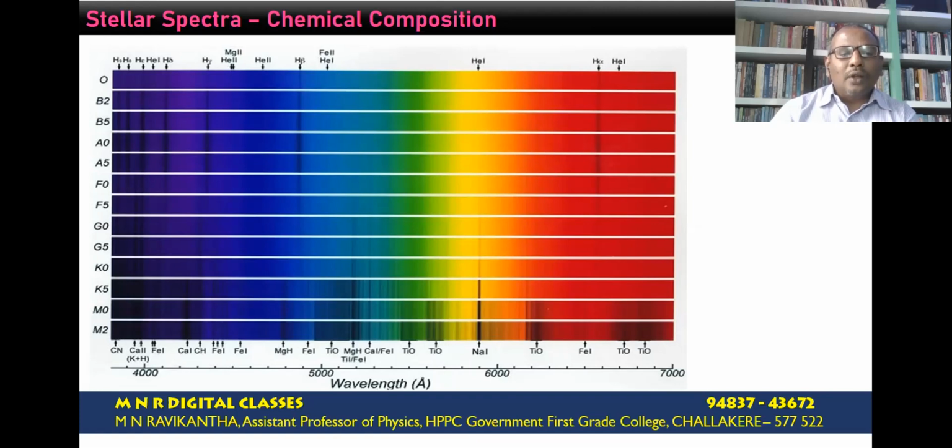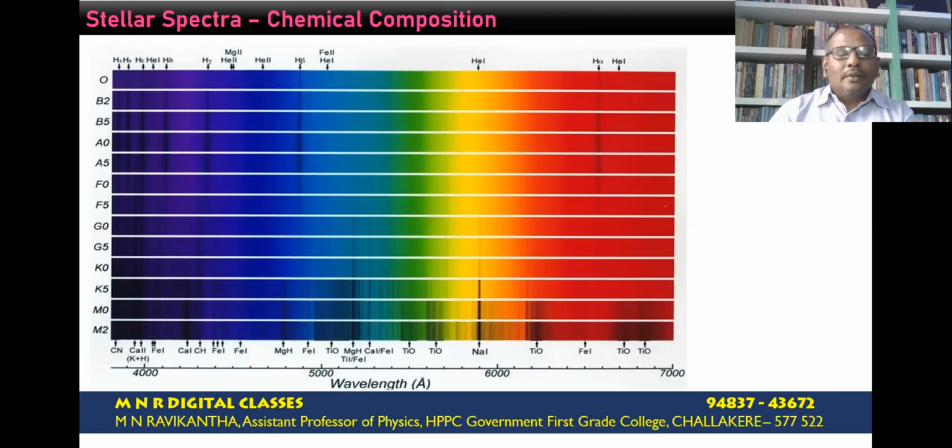As we move from the hottest to the coolest stars, that is M-class stars, we observe that the dark lines corresponding to titanium, iron, titanium oxide, sodium, and other elements, magnesium, iron, etc. appear. Now observe here for cooler stars, we observe many more dark lines than O-class stars, which contain very few dark absorption lines.